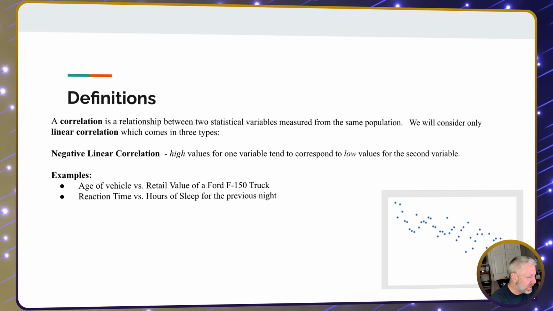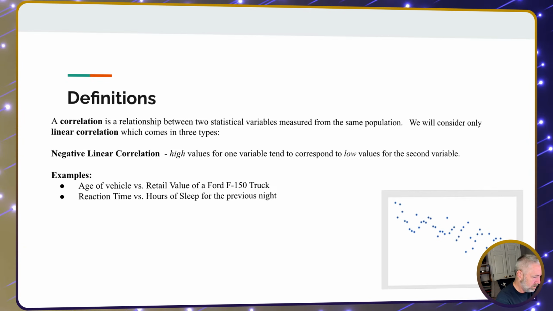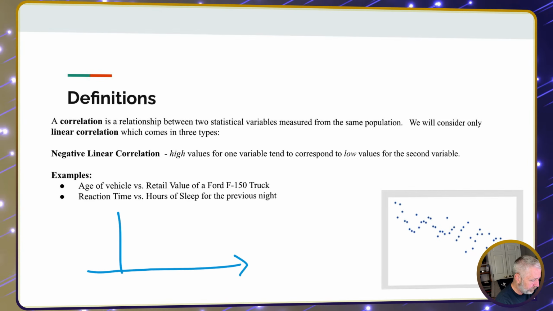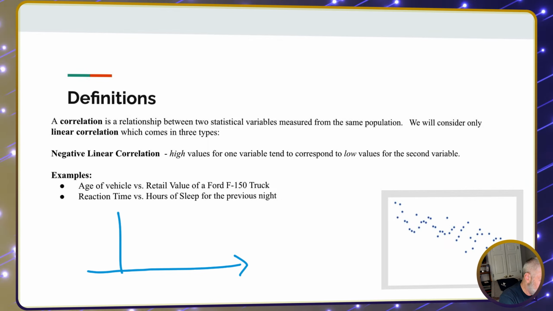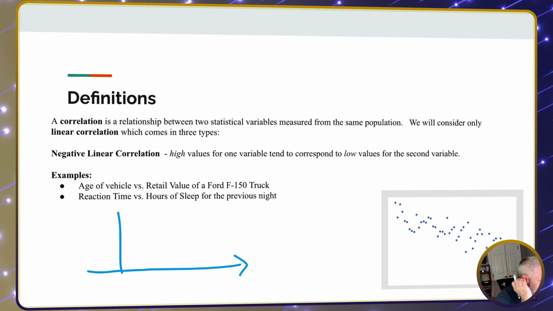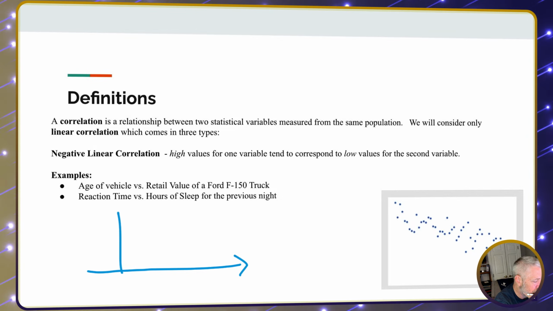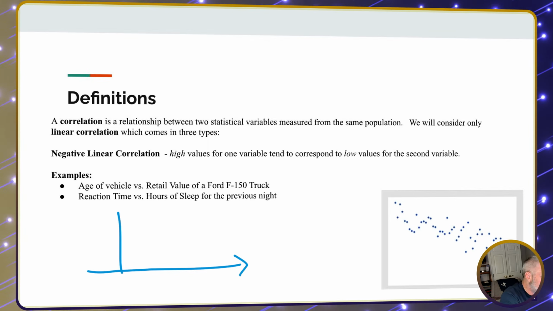Time out. Let's think about this one. Reaction time versus hours of sleep. I'm thinking that's not a very good example that I put up here. No, I see what it's saying.